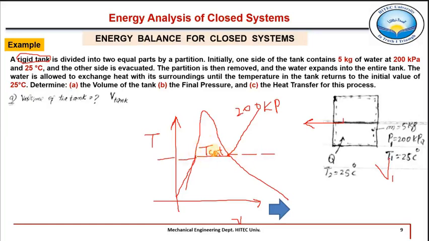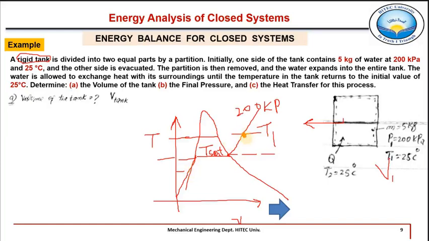If this T sat is lower than this T1, for example if this is T1, then our substance is in the superheated region.